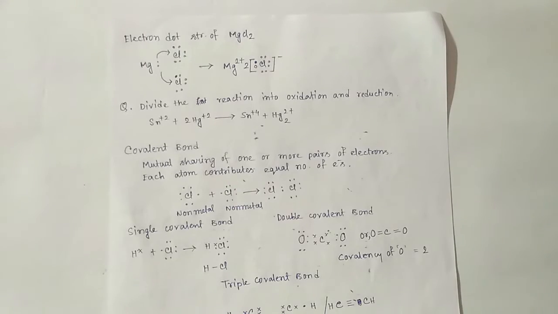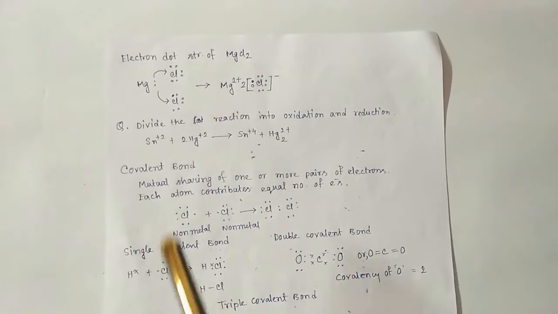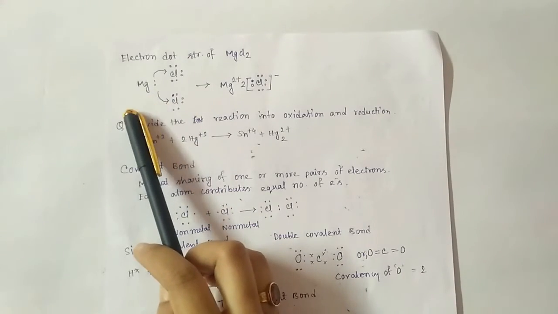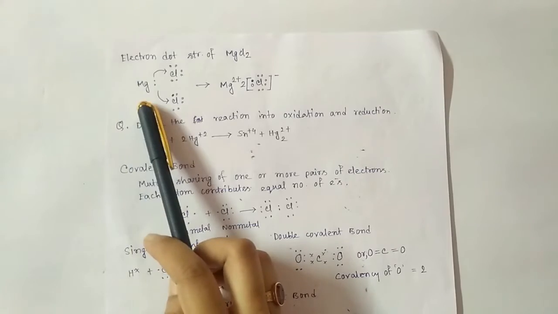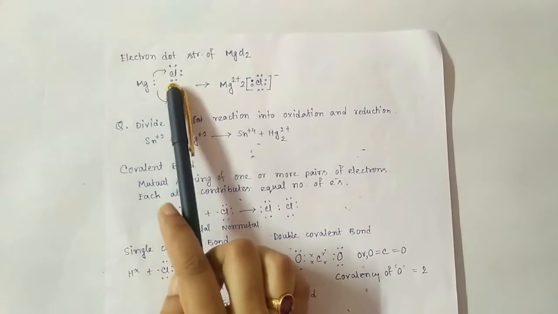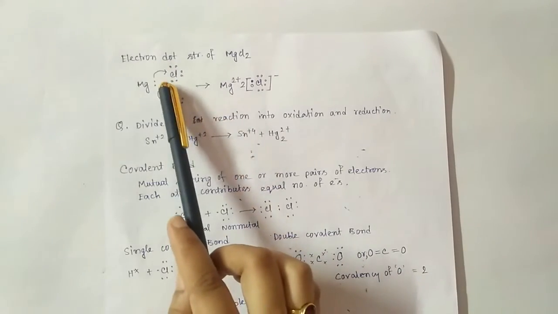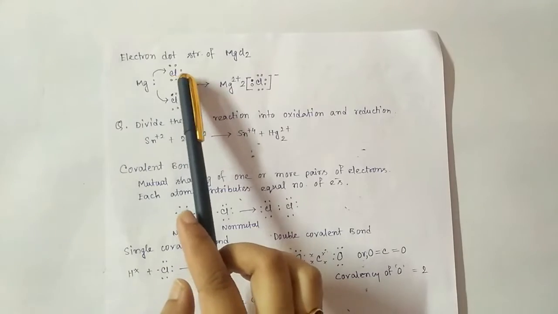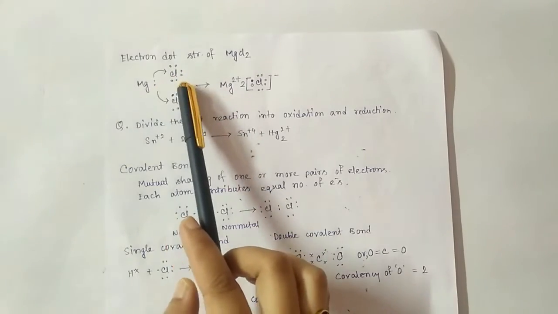Here is the electron dot structure of MgCl2. These two dots symbolize the outermost shell electrons of Mg, while the 6 dots around chlorine symbolize the outermost shell electrons of chlorine.